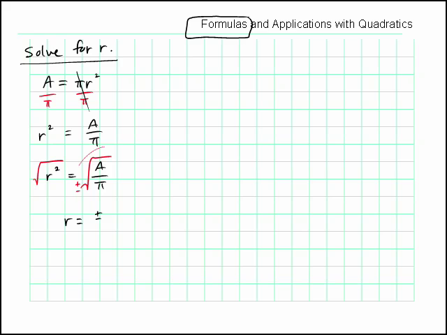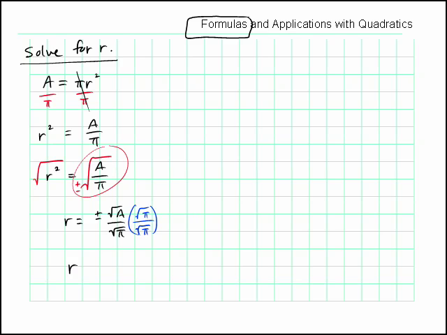Now this radical here, your book will most likely want you to rationalize the denominator. So I'm going to write that as square root A over square root pi. And in a previous chapter we learned that to rationalize the denominator here, we will multiply the numerator and the denominator by square root pi over square root pi, like that.